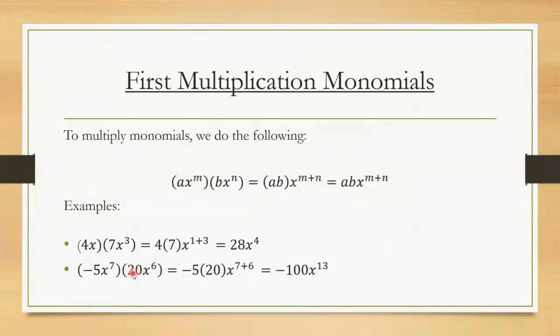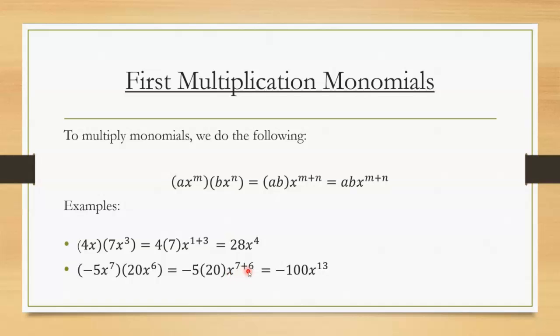Now for this example, same idea. We have minus 5x to the 7 times 20x to the 6. Multiplying them, we get negative 5 times 20 times x raised to the 7 plus 6.